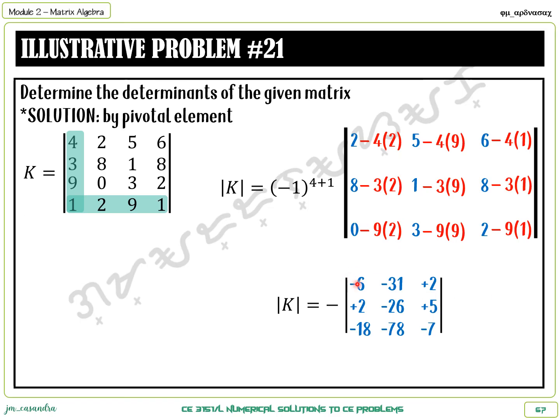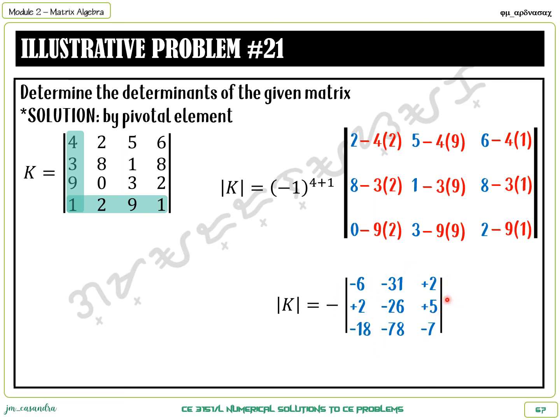So for here, we could now simply apply our Sarrus' rule. But to see what happens if we have a matrix that does not have a pivotal element equal to 1, I will solve again for the equivalent n minus 1 matrix using this one.